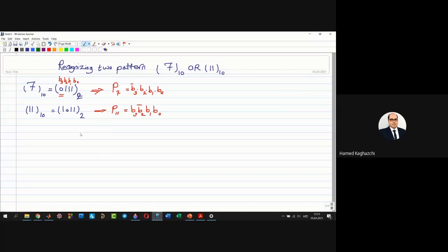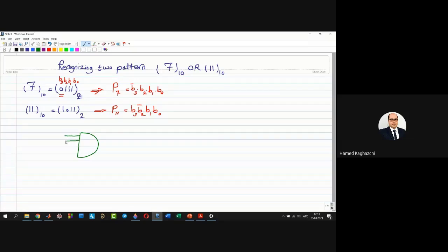Now, according to these two equations, I can design my circuit. First of all, I want to design P7. I know that I have 4 bits.